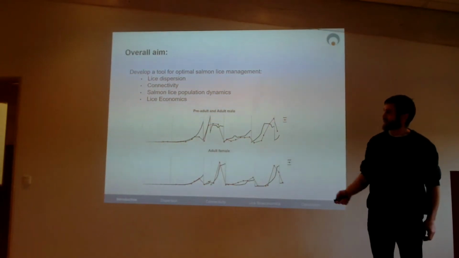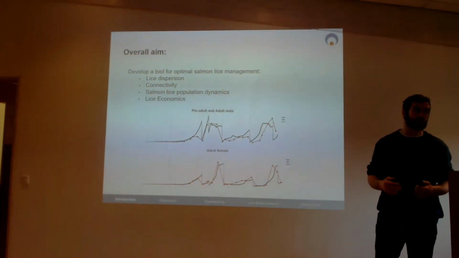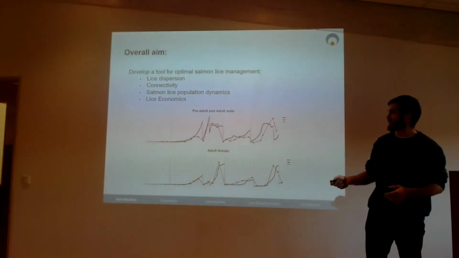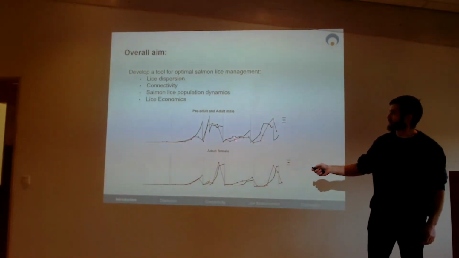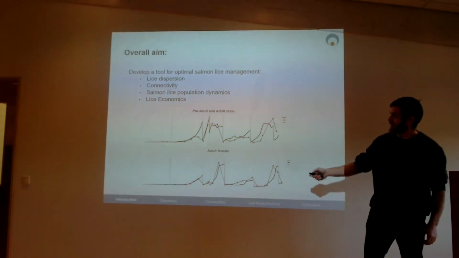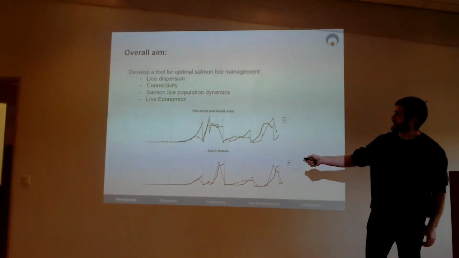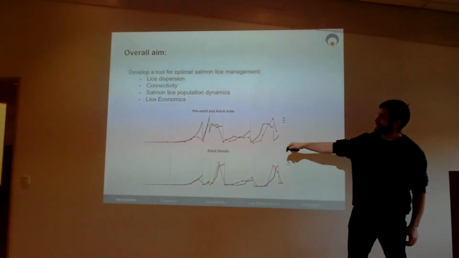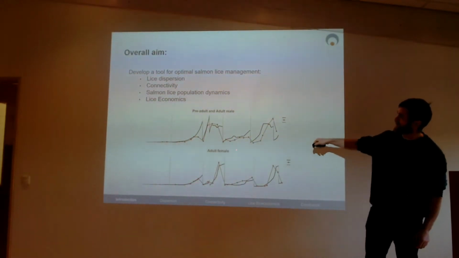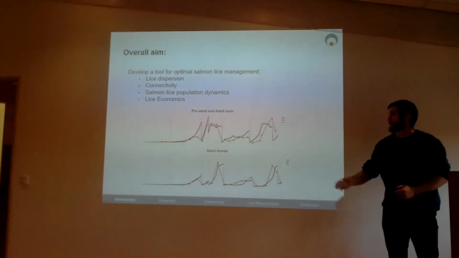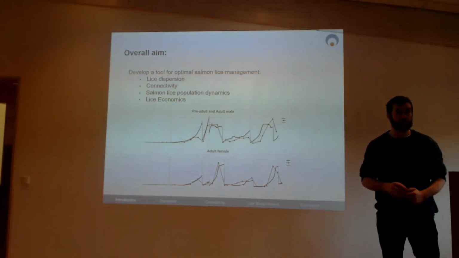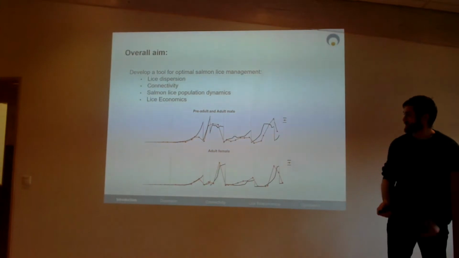Faroese farms are mandated to count lice stages bi-weekly. These are the red dots or circles here, and our model is the black line. The vertical gray lines are when the farm reported doing treatment. We see that there's great agreement between the model and the lice counts.